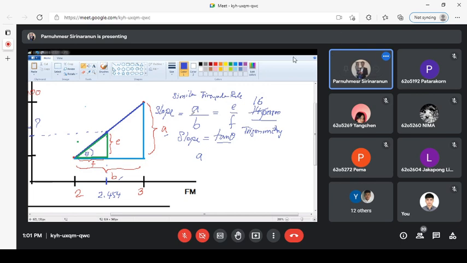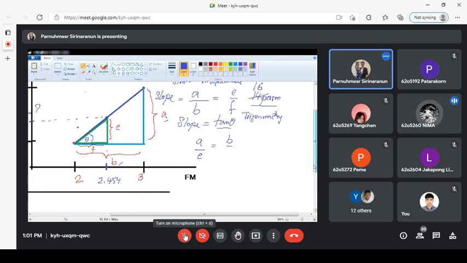Okay? What does the similar triangle rule tell you? Can you tell me? A by E, not A by B, A by E, equal to B by what? F, Ajahn.